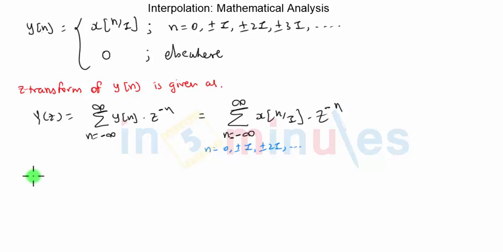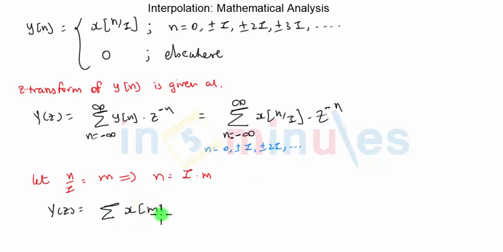Let n by I be equal to small m. So n will be equal to I into m. And therefore my y of z will now become summation x of m into z raised to minus I into m.